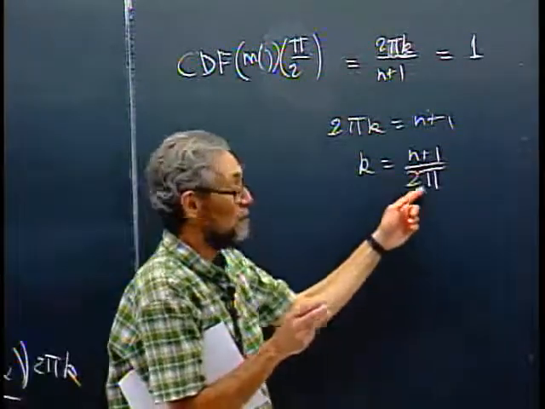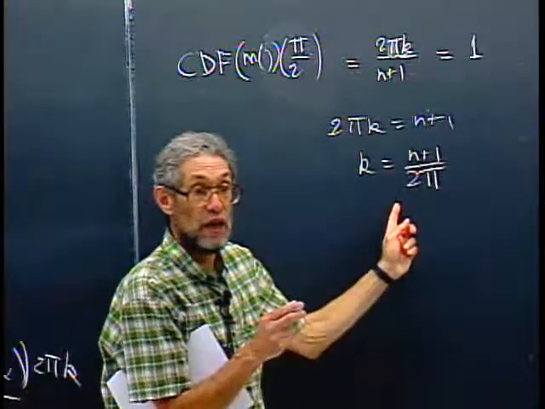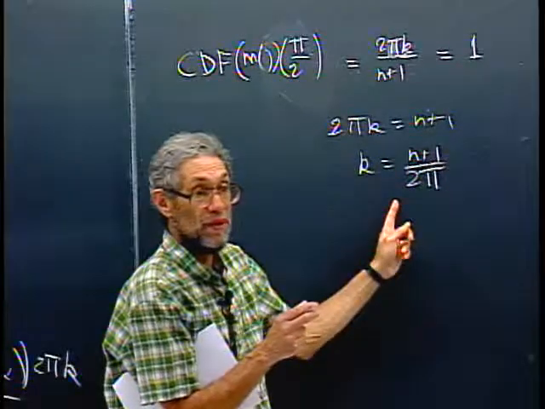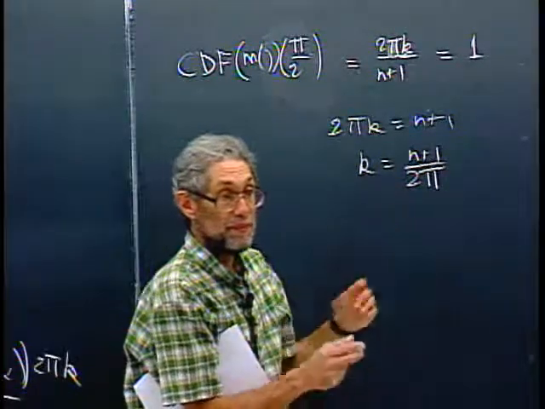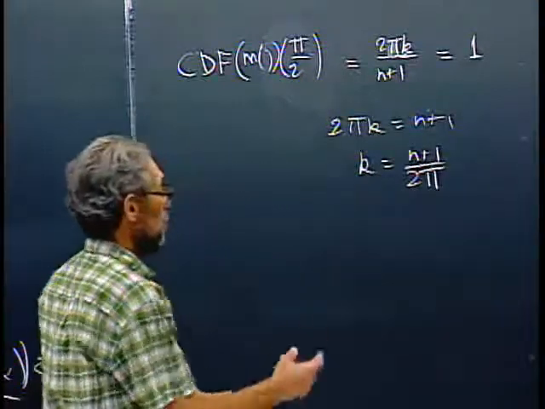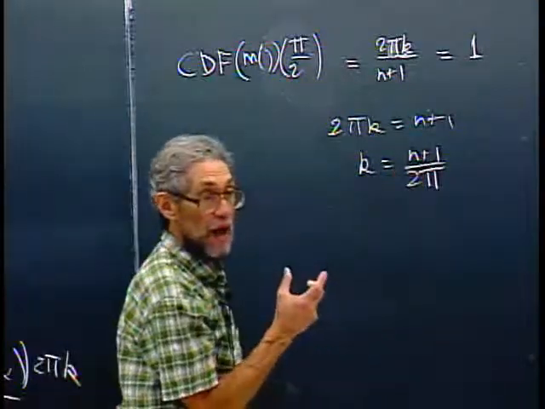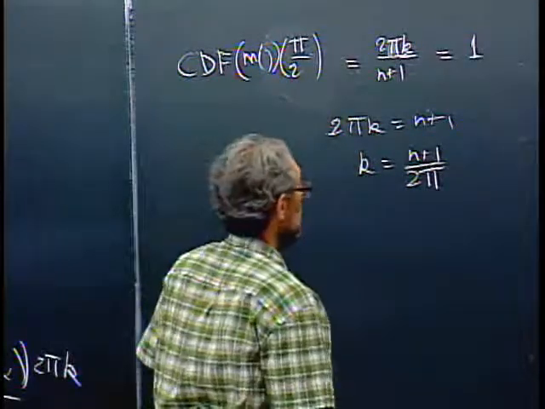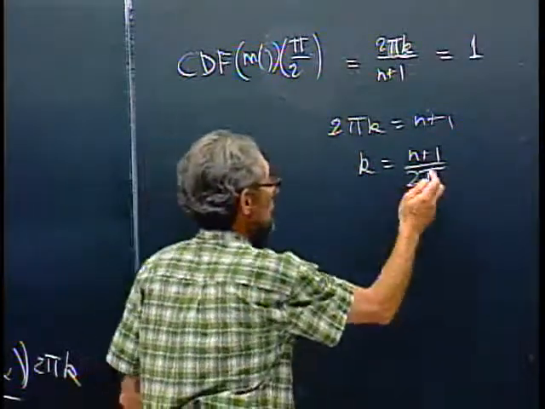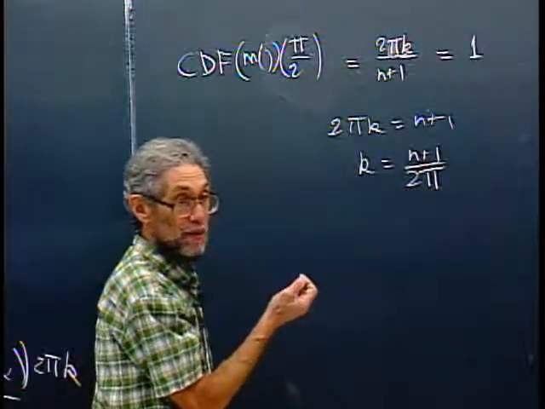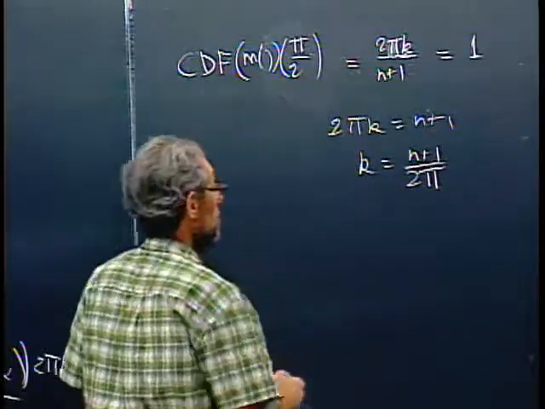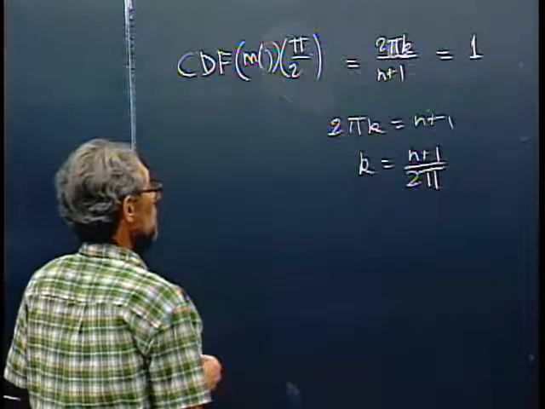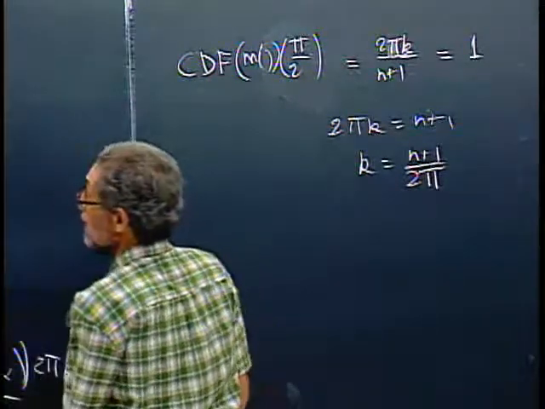Well, this compensates for it. It says if you want to reflect 100% of the energy, your K specular has got to be this number. And when n gets bigger, it makes the center of the highlight brighter to compensate for the fact the highlight got smaller. And the 2 pi is in the denominator just like it was for the k diffuse, also to make it integrate to 1.